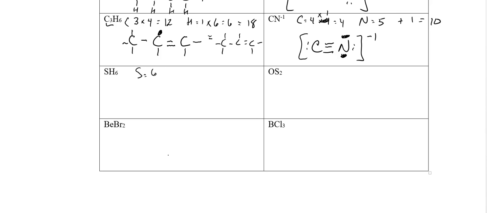Sulfur, 6. Remember that sulfur is one of those things that can and will bond more than 4 times. Hydrogen is 1 times 6 is 6.